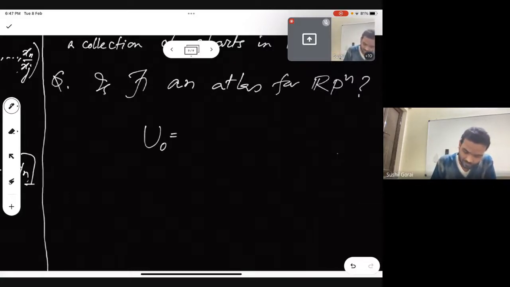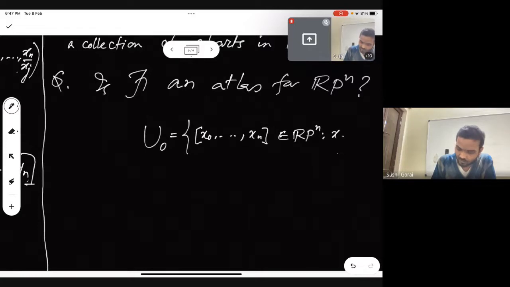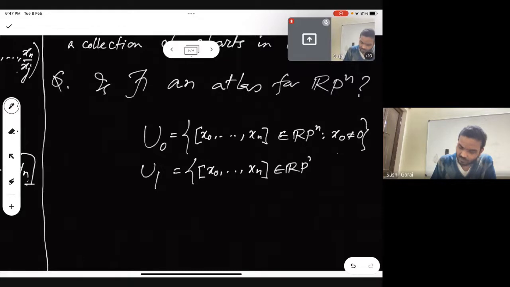So U0 is the collection of all (x0, ..., xn) in RP^n such that x0 is non-zero, and U1 is the collection in RP^n such that x1 is non-zero.